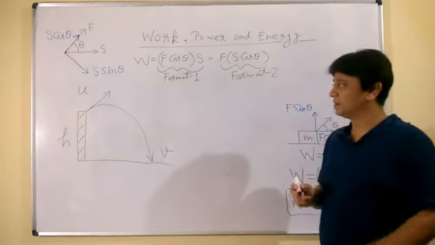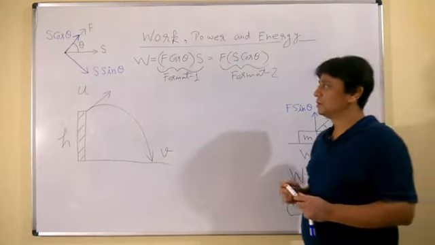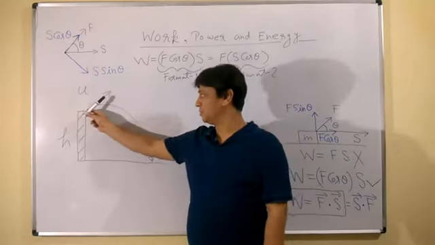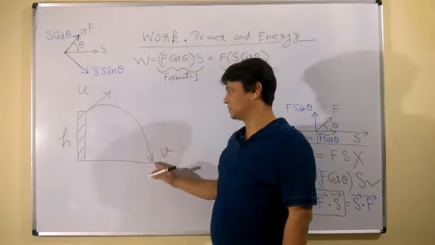That's what we have done in projectile motion. You throw an object with speed u and it lands at this point with some velocity v.